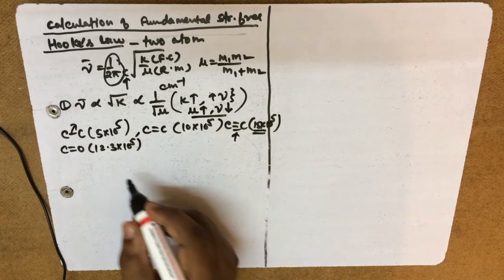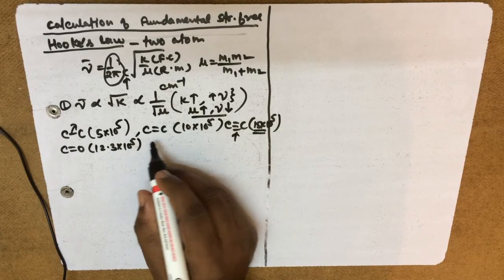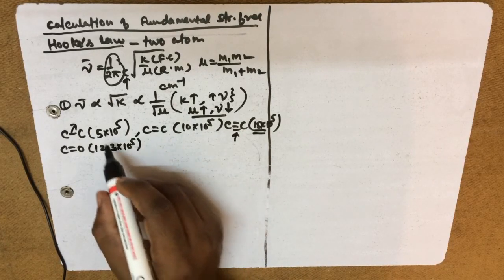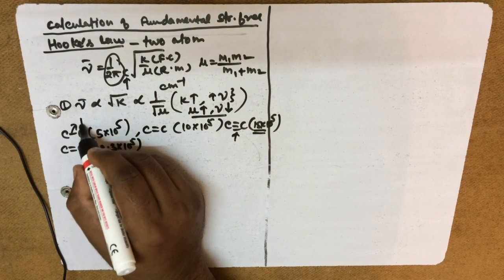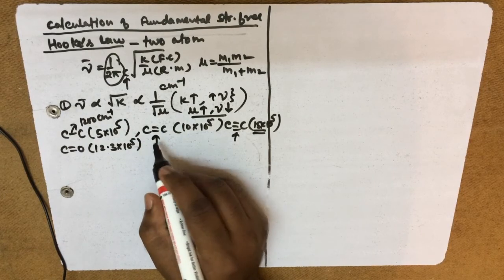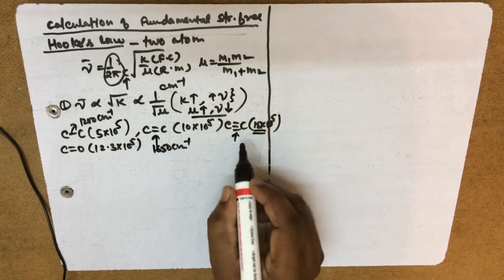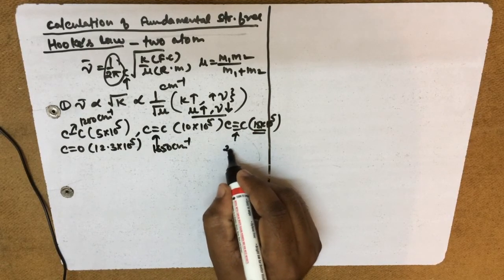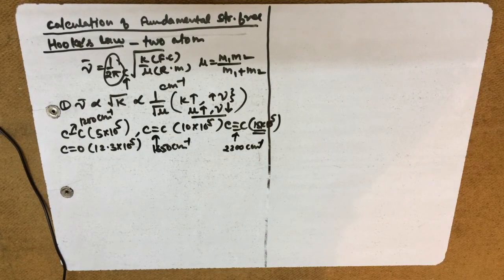So this is the relation which holds for these bonds. If you write the stretching frequency values, this one is 1200 centimeter inverse, this one is 50 centimeter inverse, and this one is 22 centimeter inverse.